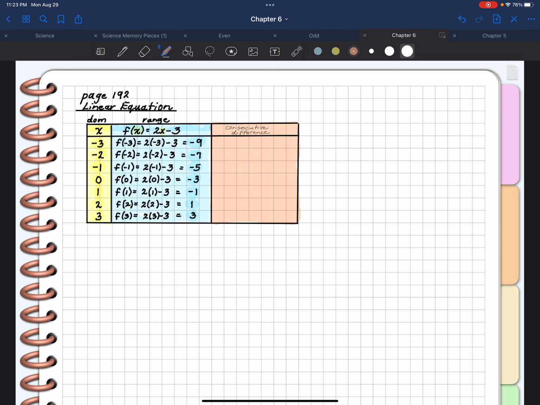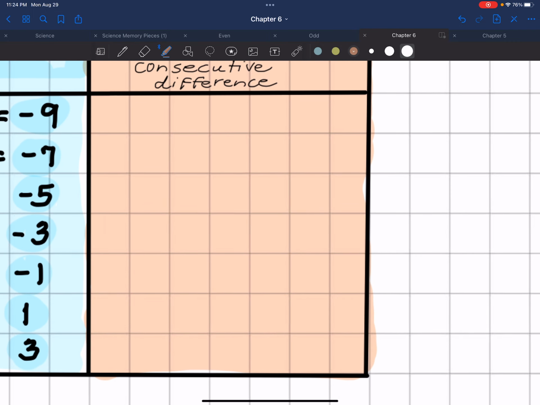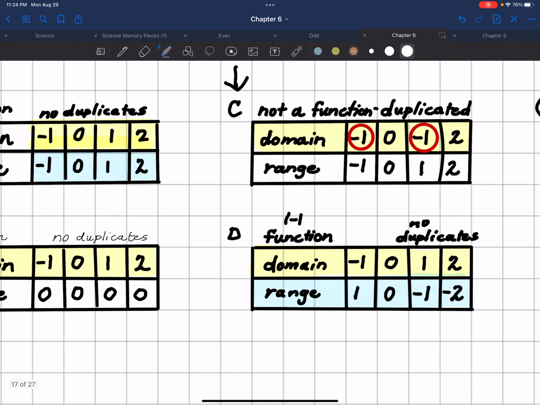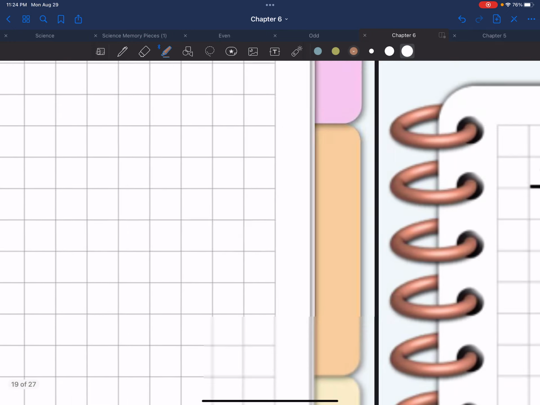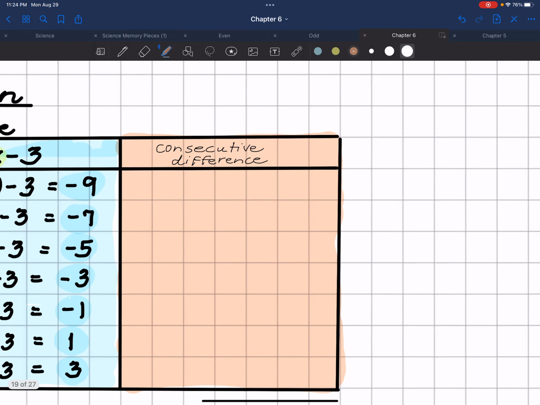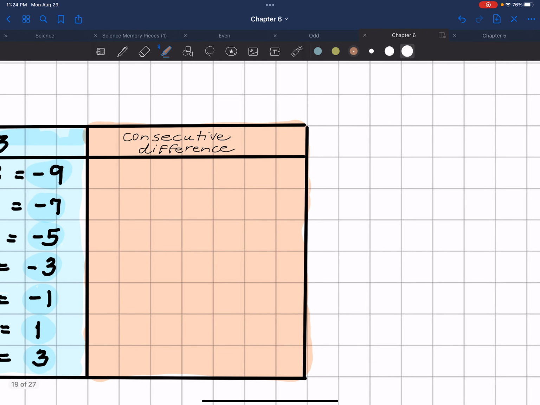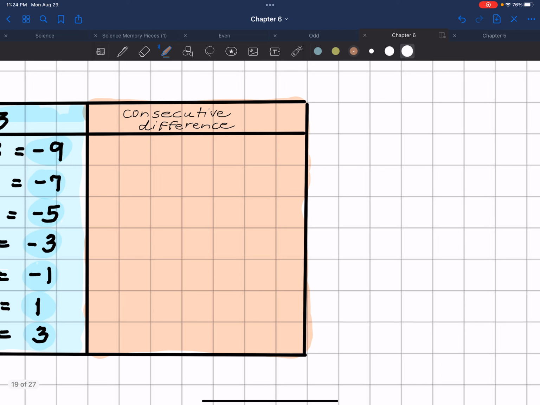All right, so what does this consecutive difference business mean? Well, I know that the word difference means subtraction. So the type of math that's coming up will be subtraction. So here's what we're going to subtract. We're going to take two numbers in order.